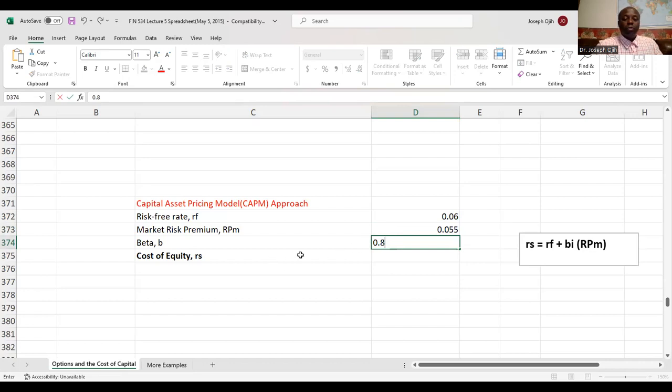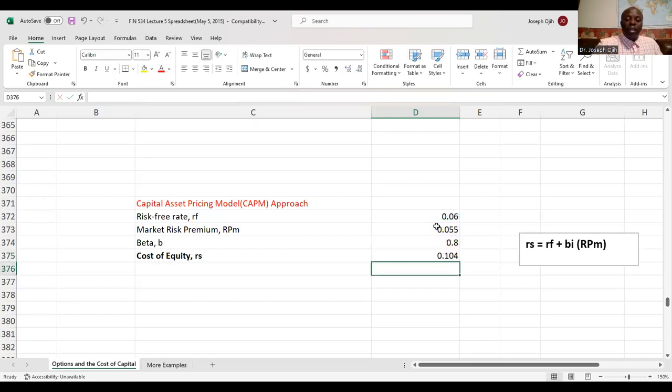So the cost of common stock becomes the risk-free rate plus beta, which is 0.8, times, remember the asterisk is the symbol for times in Excel, the market risk premium.